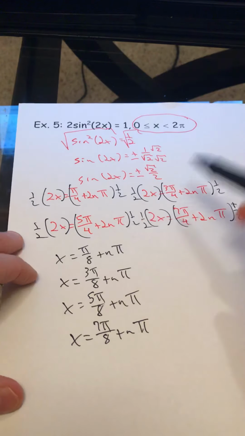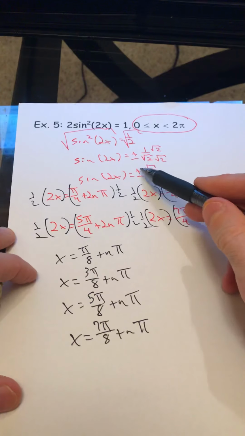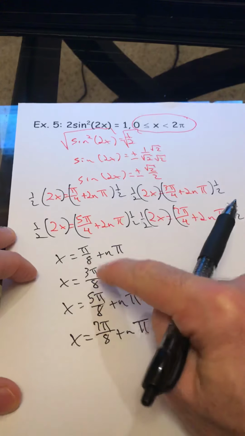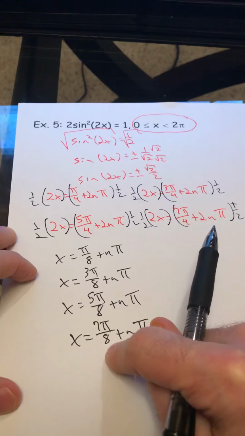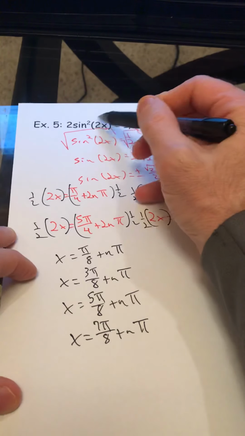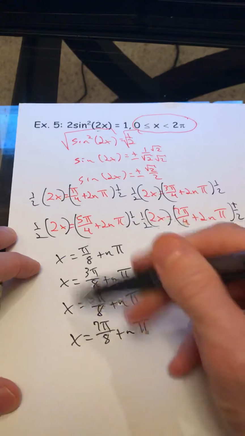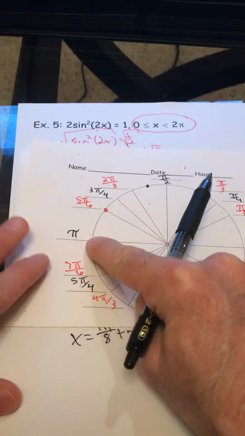We have more solutions because we do have to worry about both positive and negative. Now, these all are from 0 to pi. Basically, because of the 2x, 2 pi over b, our period goes from 0 to pi. So these are the 4 answers from the top half, essentially, of the circle.